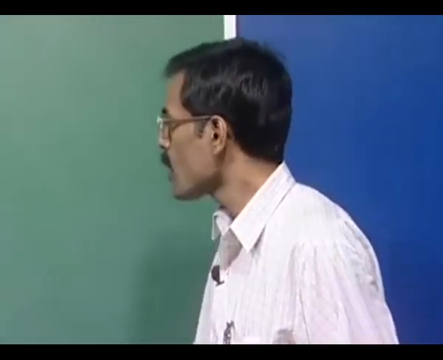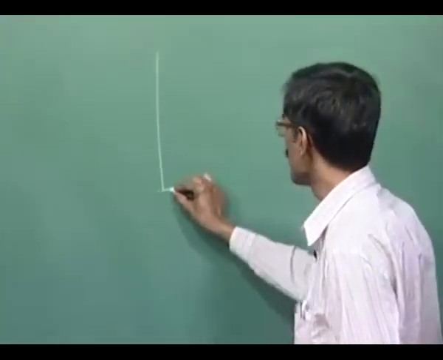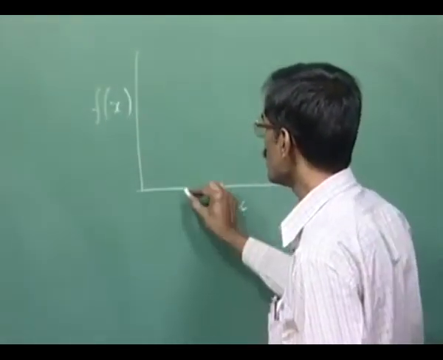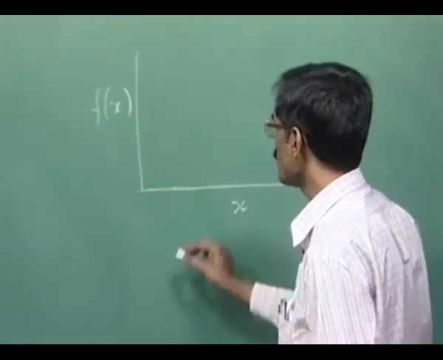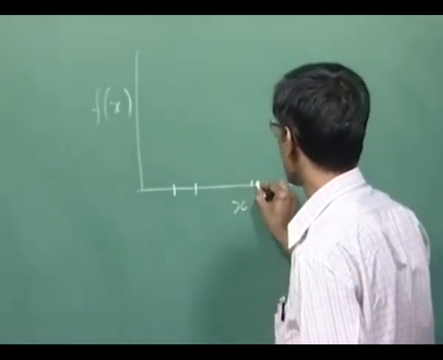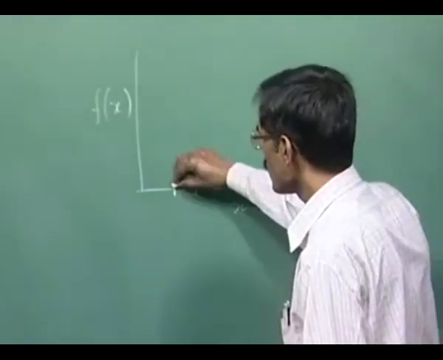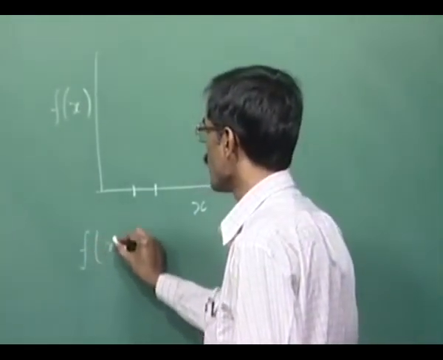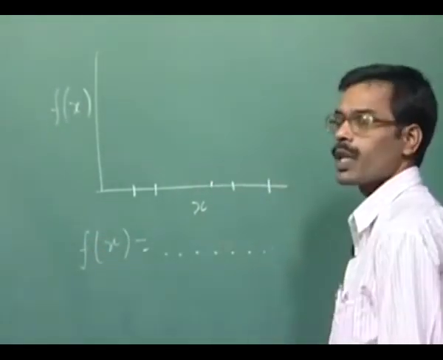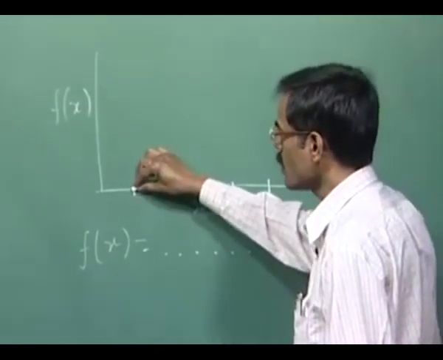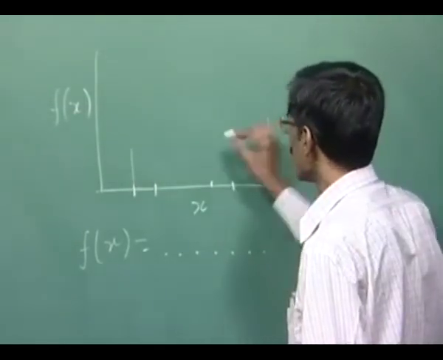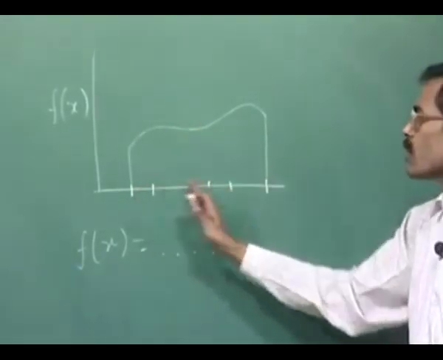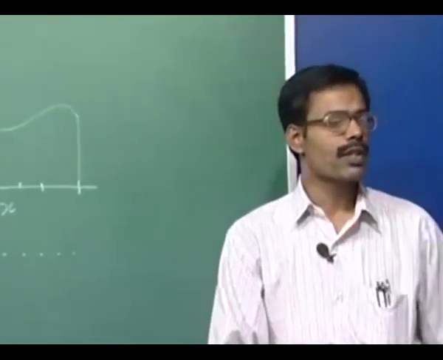For example, suppose you have a function of x for which you have data regarding the function at several data points, say here, here, here, here and here, and from that you want to develop the function in the form of an expression, so that with that expression you can develop the function continuously and evaluate the function at any point in between. Okay. So, that is called function interpolation.